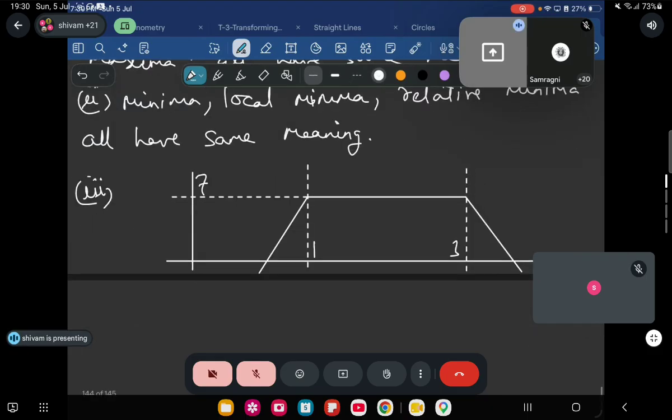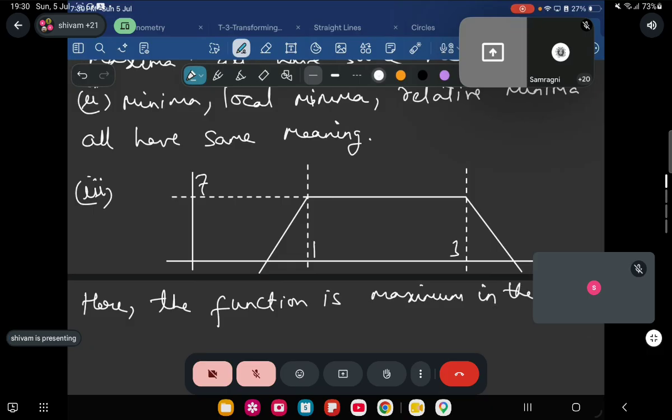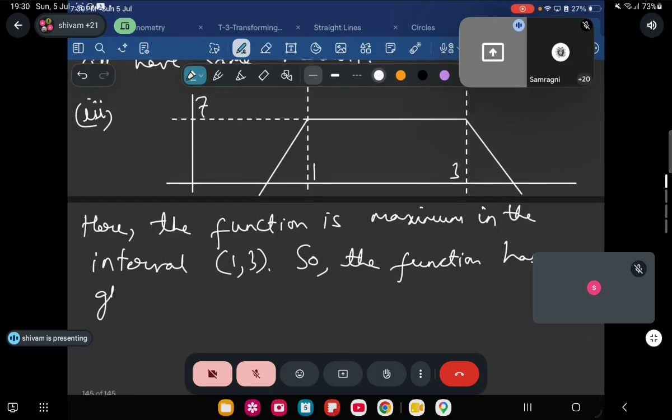So over here the function is maximum in the complete interval (1, 3). So the function has global maxima. This is known as global maxima in (1, 3).